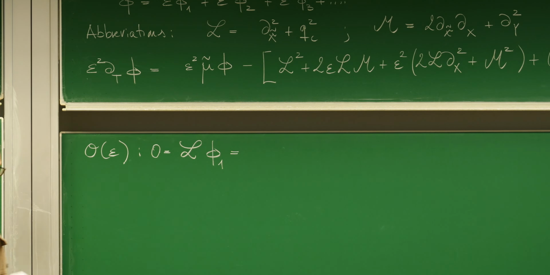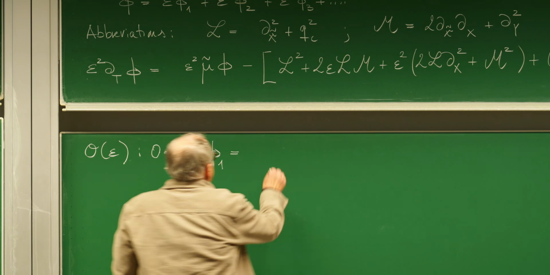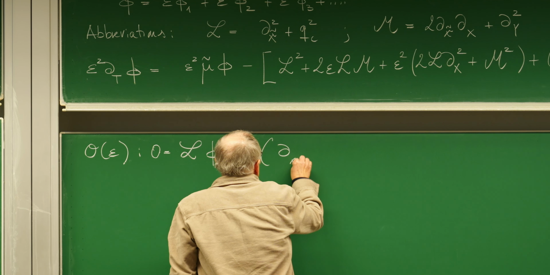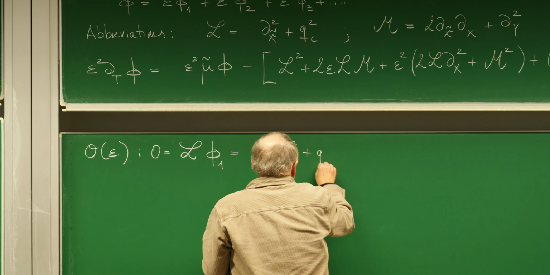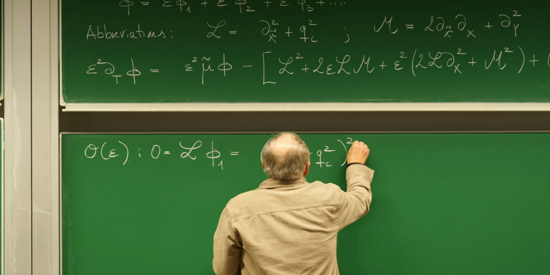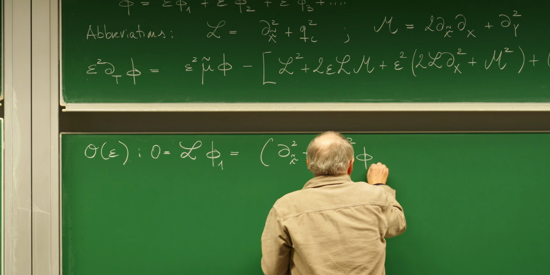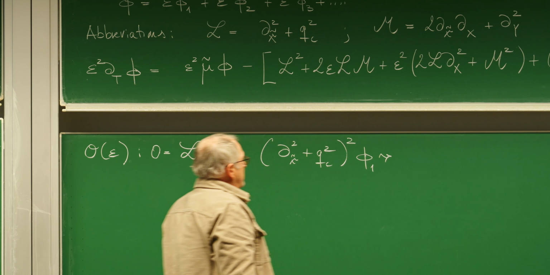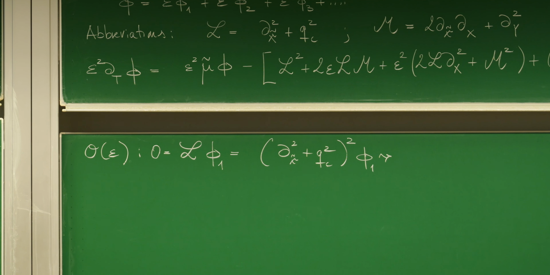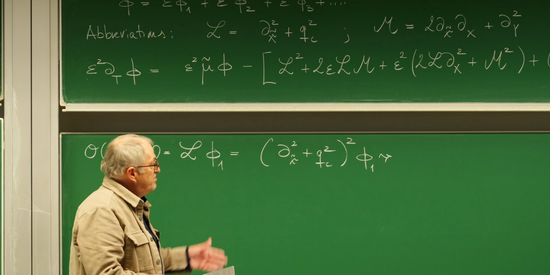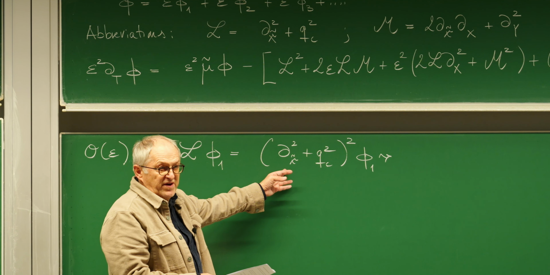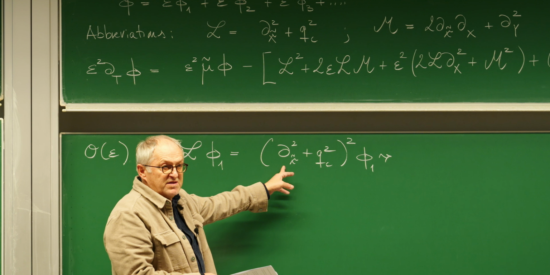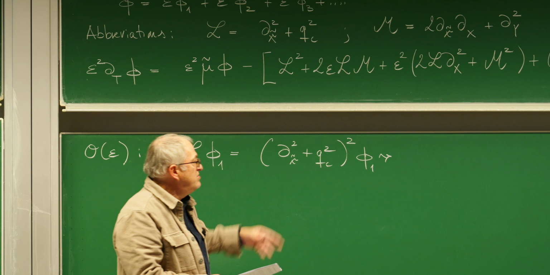And we can write out again what the L is. The L was dx twiddle squared plus qc squared times phi 1. Well, and that's a simple differential equation that you can all solve. It simply has the carrier wave as a solution. There's no dependence on the slow variables. It's just depending on the fast variable x twiddle alone.